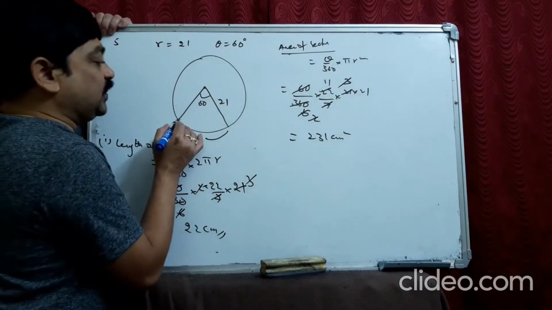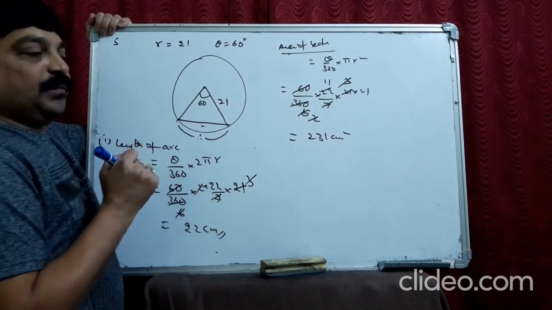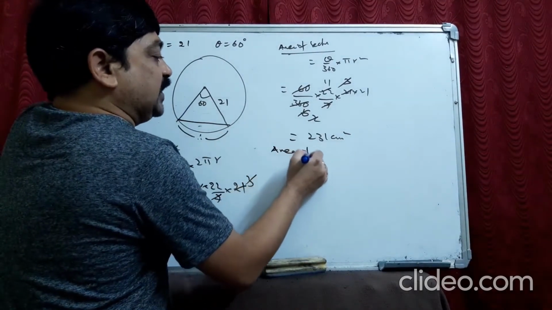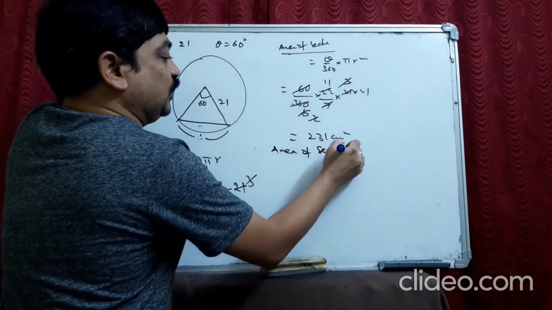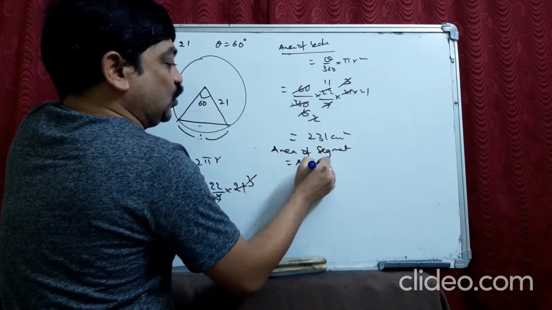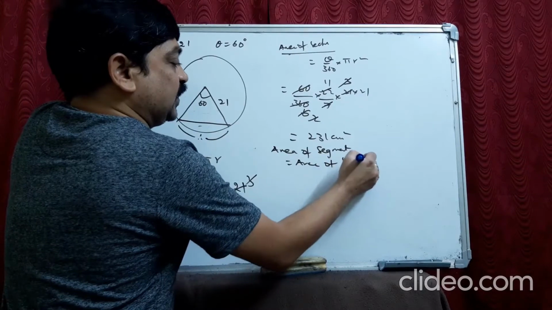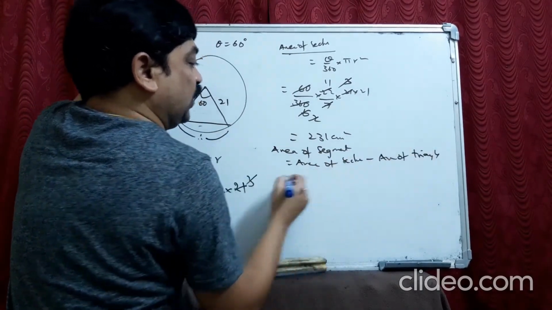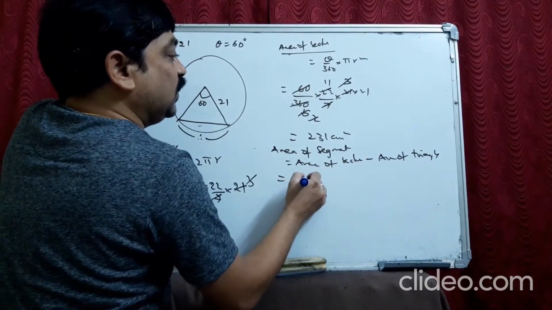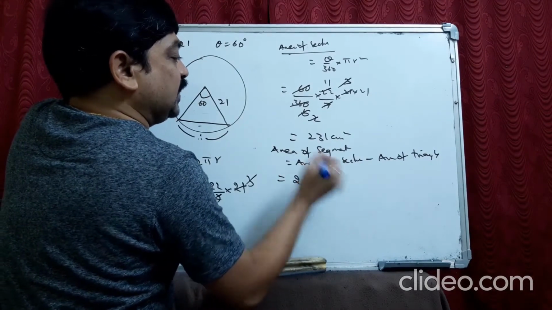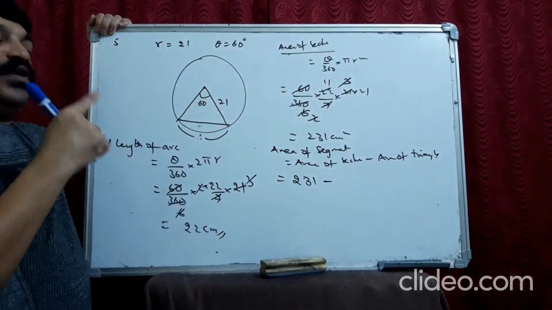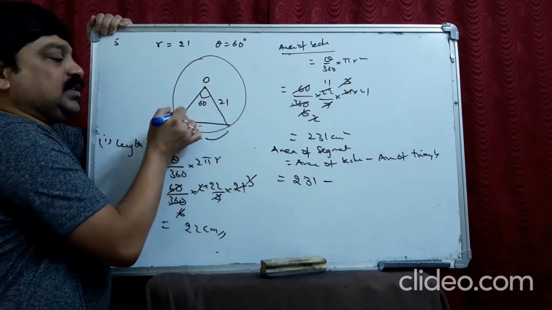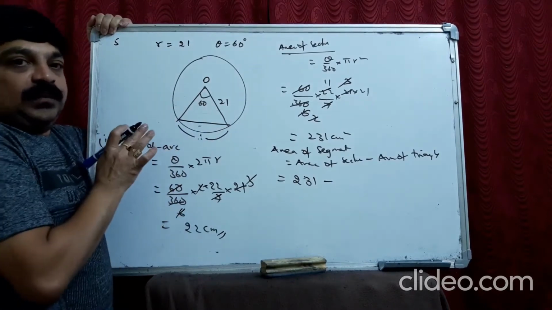Next one is area of the segment formed by the corresponding chord. This one he needs. To find out this one, you should be careful with this only. Area of segment is equal to area of a sector minus area of a triangle. Area of sector we have got here 231 minus area of a triangle. See, if you observe carefully, this is center and this is radius, no doubt this is an isosceles triangle.